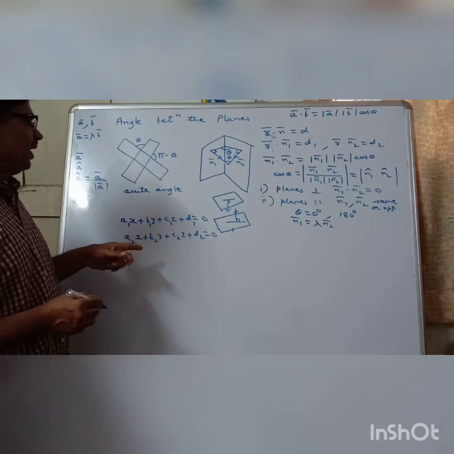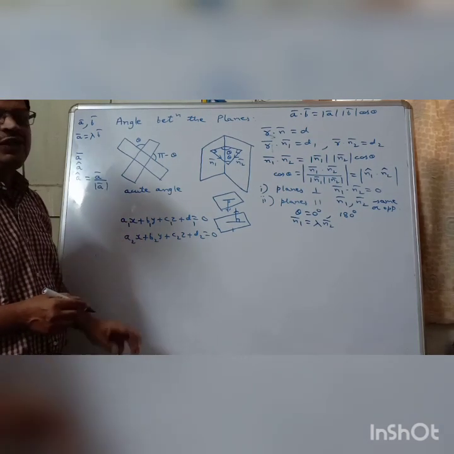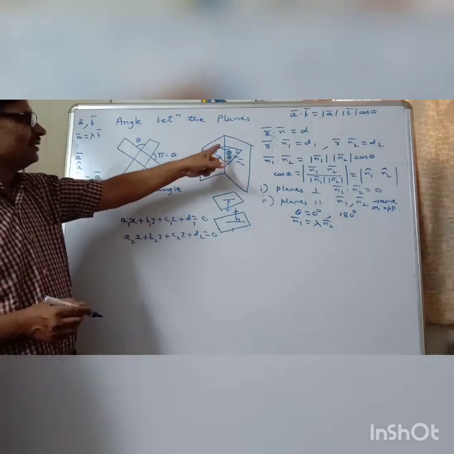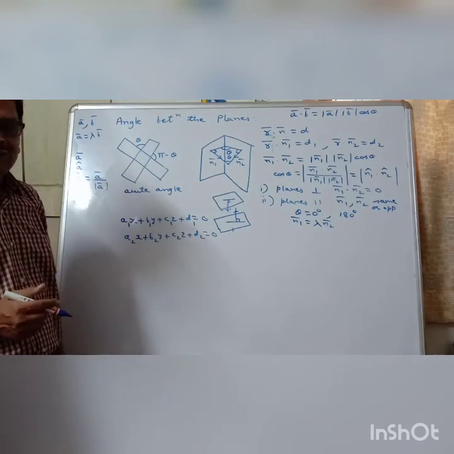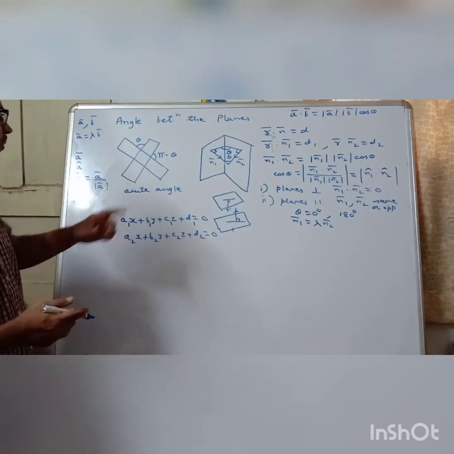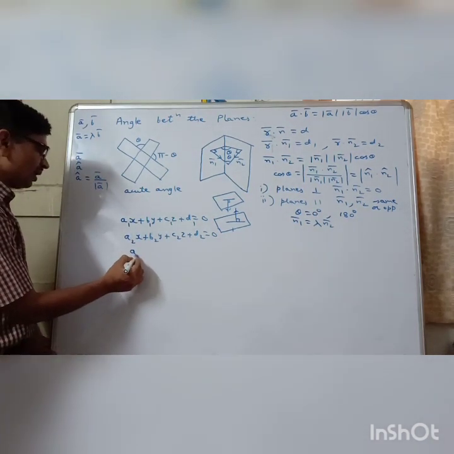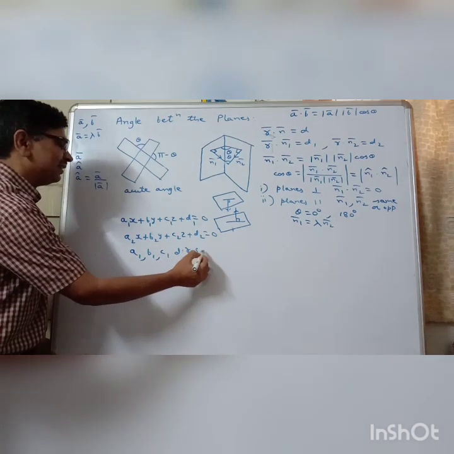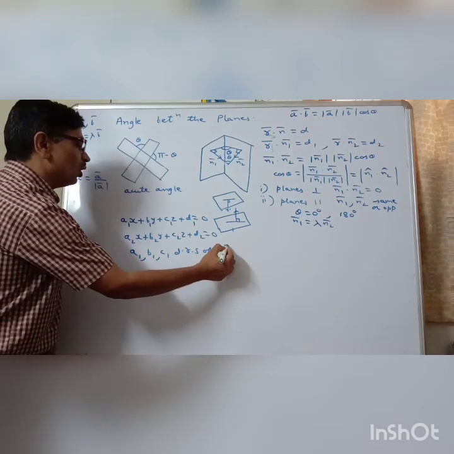Then also we can find the angle between two planes. Angle between two planes is the same as the angle between their normals. For the first plane, a1, b1, c1 are the direction ratios of the normal.